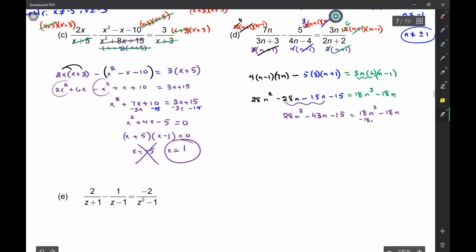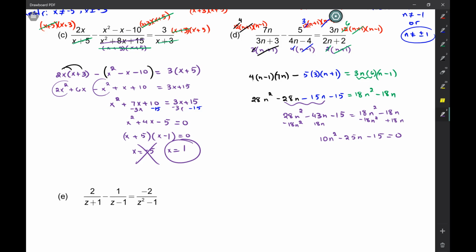Let's subtract 18n squared, and let's add 18n. Yay! So 10n squared minus how many? 25n minus 15 equals 0.